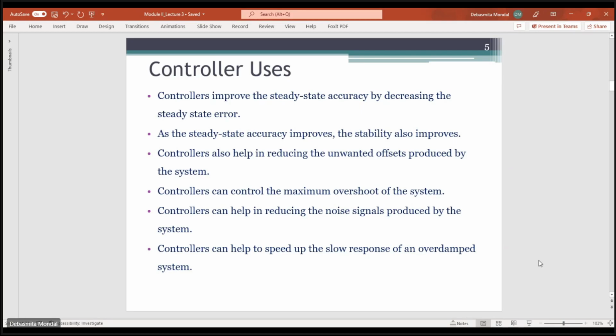Later on, those oscillations die out and the system becomes stable, but initially in the transient stage there are a lot of oscillations. Using these controllers, you can control the maximum magnitude of the oscillation present in the system. It can also be used to speed up or improve the response time of any kind of system. So these are the basic advantages of using a controller.